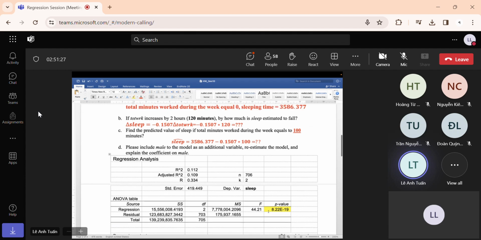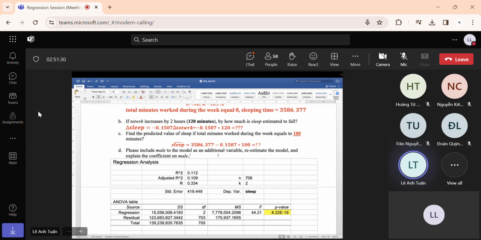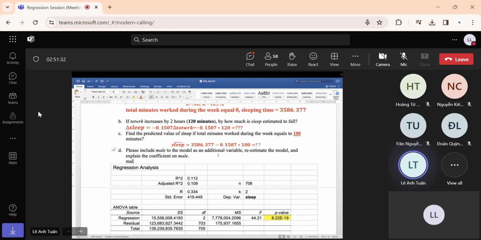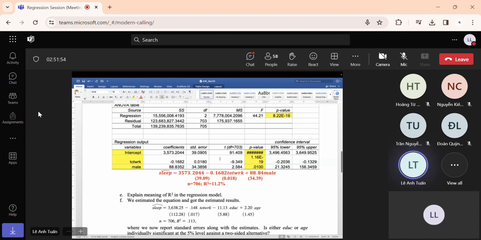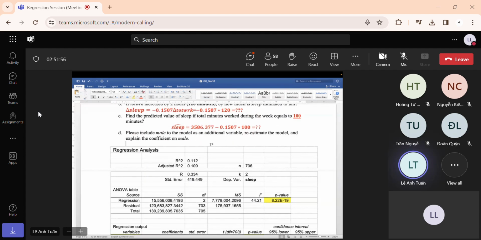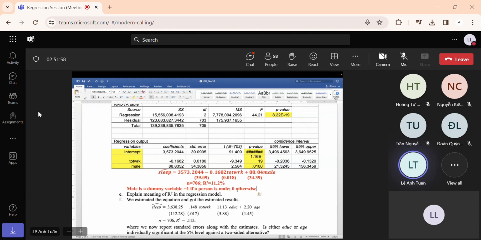We define male here as a dummy variable that equals 1 if a person is male, and 0 otherwise. So now how to explain that this is a dummy variable? How to interpret the coefficient here?